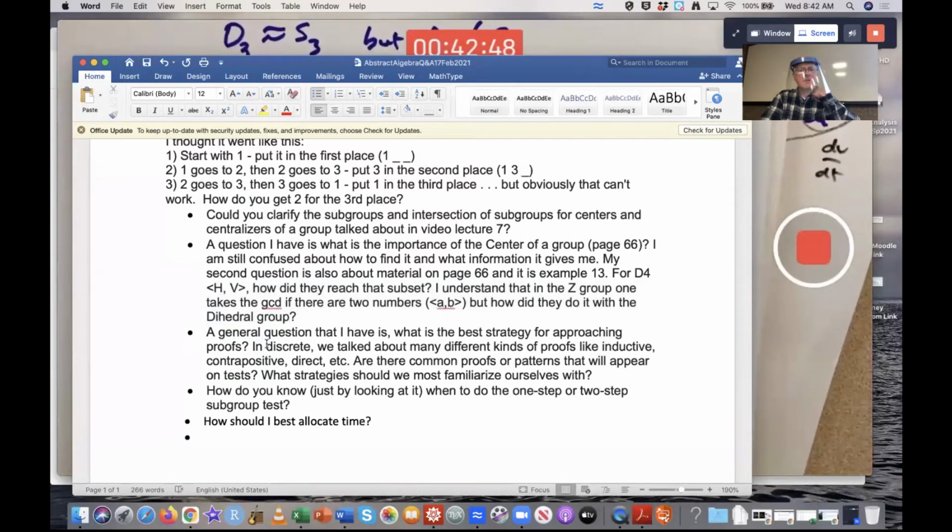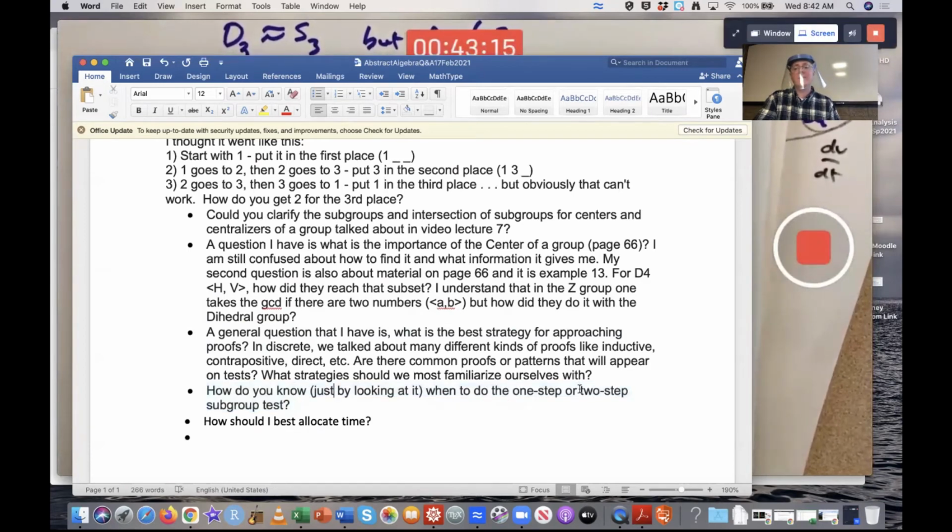I'm going to address the general question here about proof strategies. But first, let me talk about how do you know when to use the one-step subgroup test or the two-step subgroup test. That's a quick answer. Theoretically, in any situation, you could use either test. It's really more of a matter of taste and maybe difficulty level.